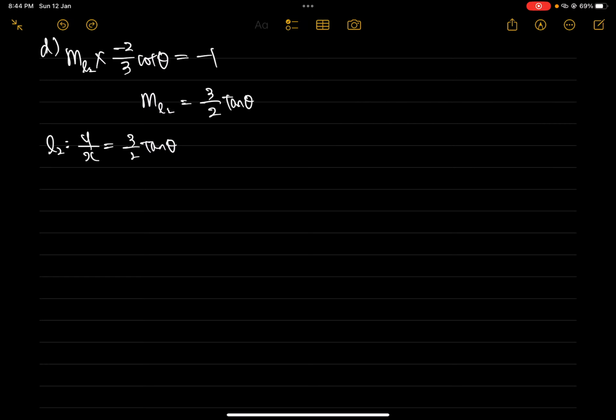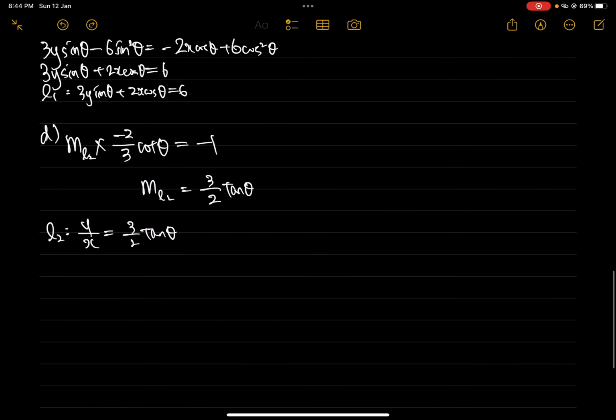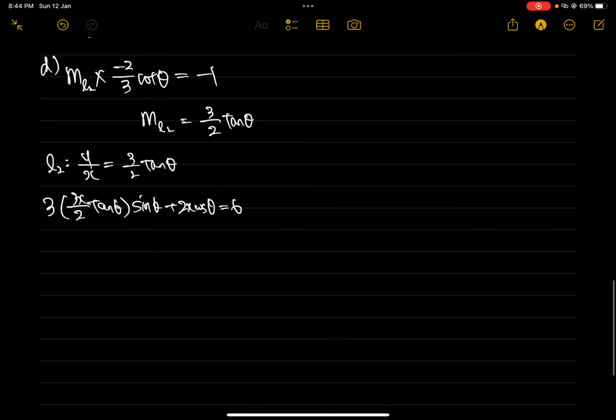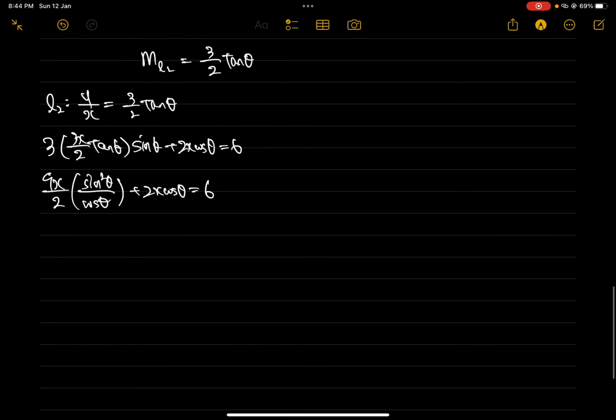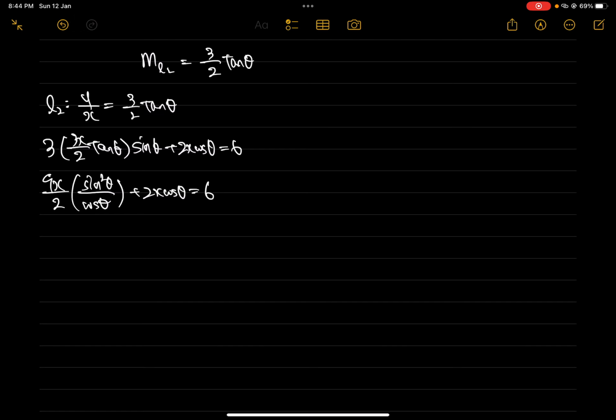They intersect, so I could put this thing into L1. So we need to find x, obviously.